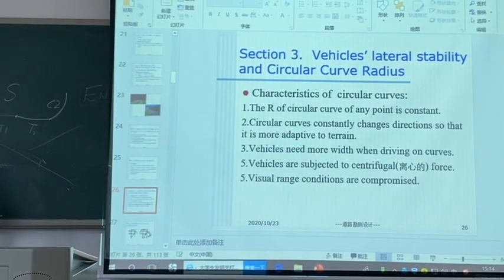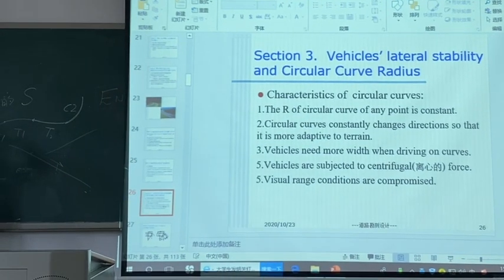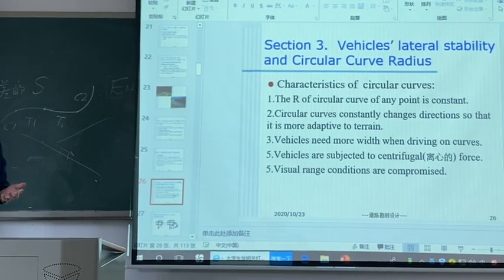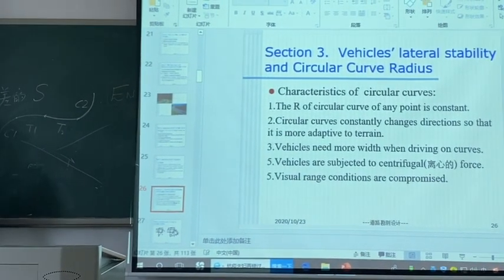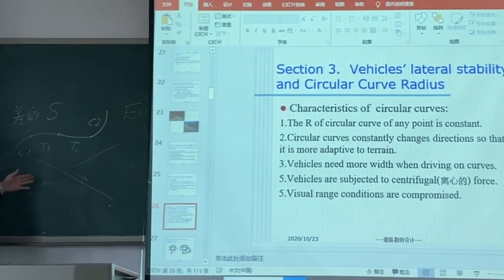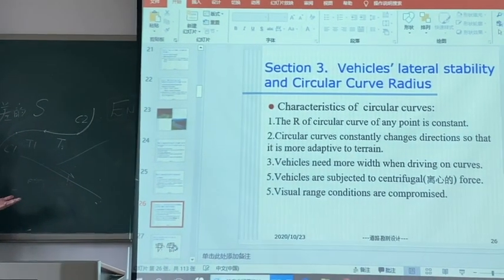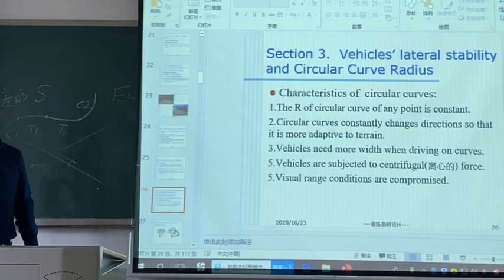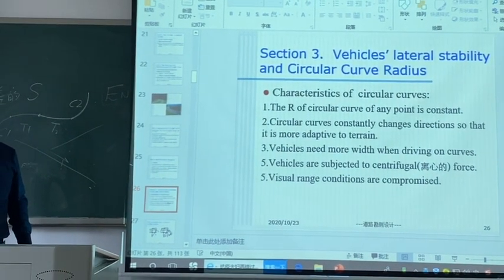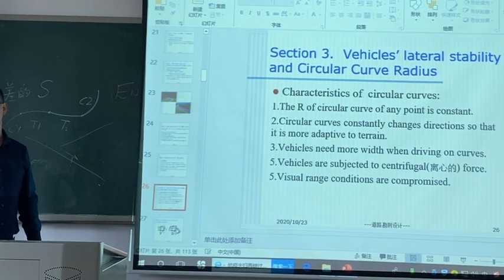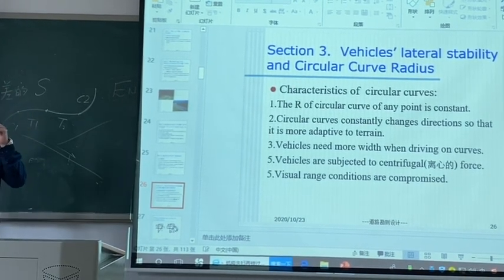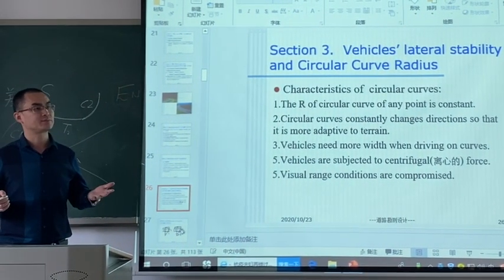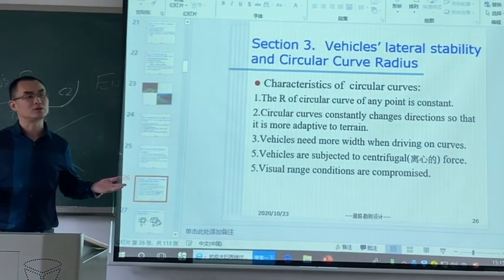You can't say bad, but it should be affected negatively. Visual range conditions bad, not good.